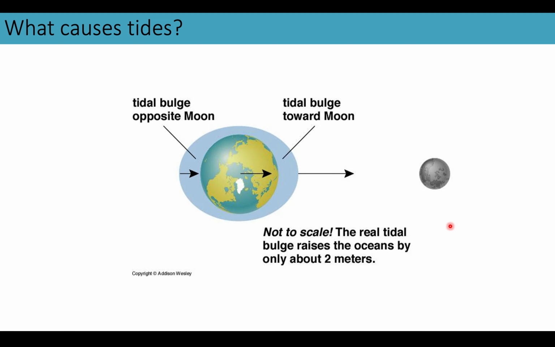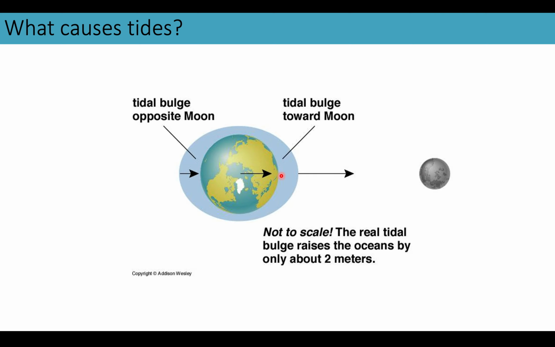It's because here we have the moon, here we have the Earth. What is closest to the moon is going to feel the strongest gravitational pull. So the ocean water, this is not to scale, it's not this much water. This side of the Earth, for example, is going to be pulled strongest.